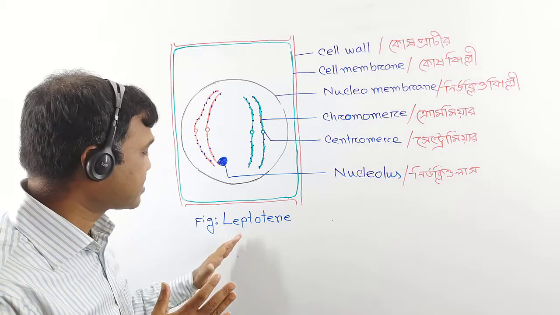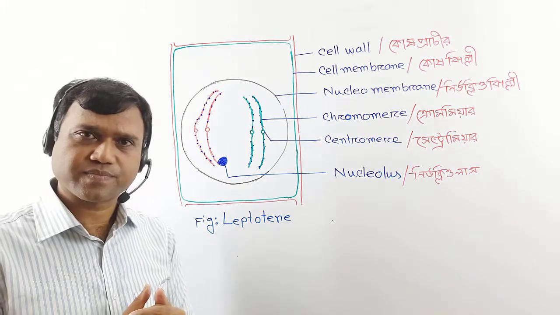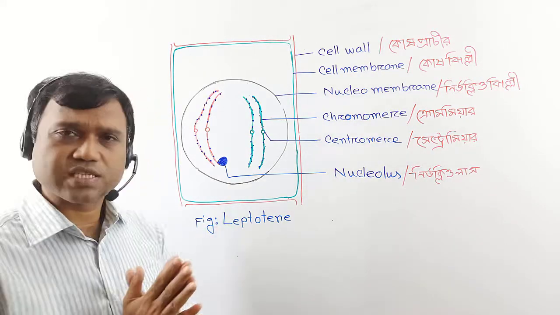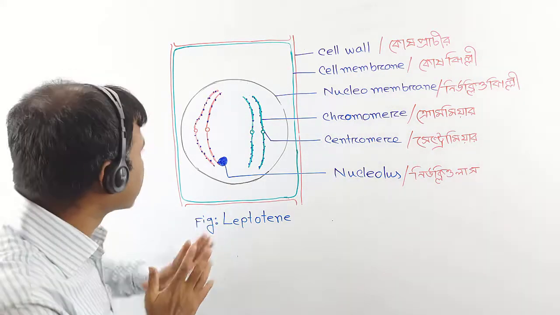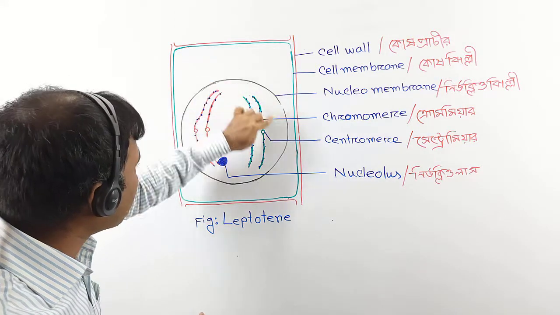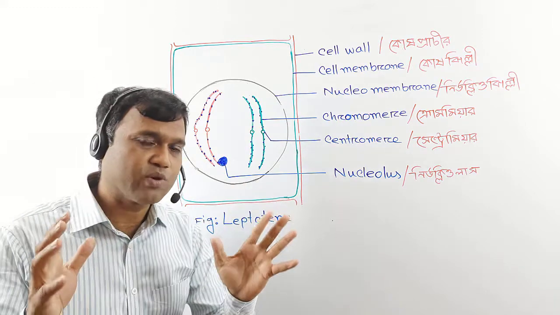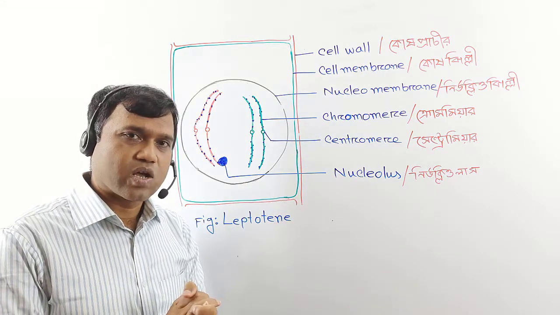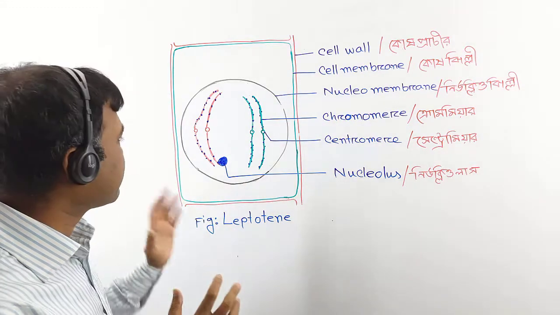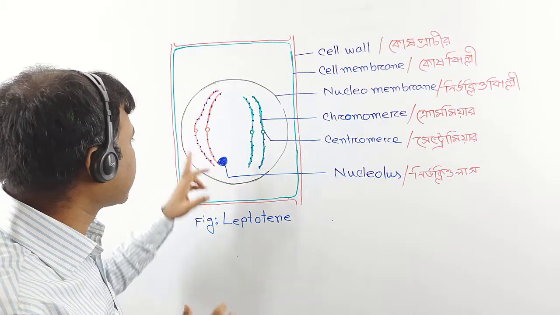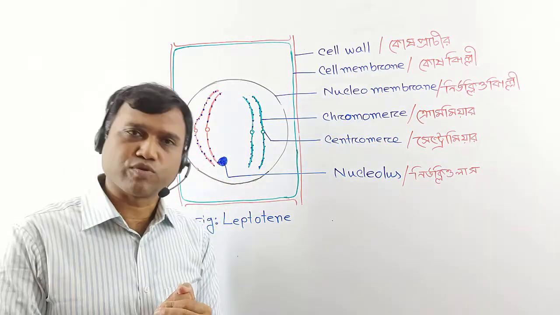The first substage is leptotene. In this substage, we find that the size of the nucleus increases. Then, the chromatin fiber breaks down and produces a specific number of chromosomes.